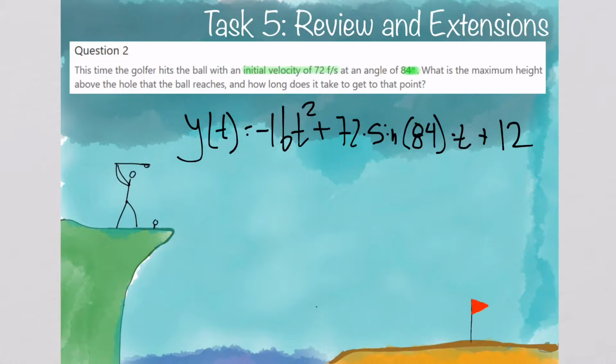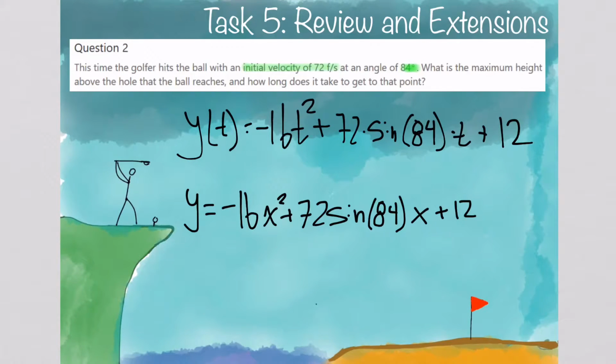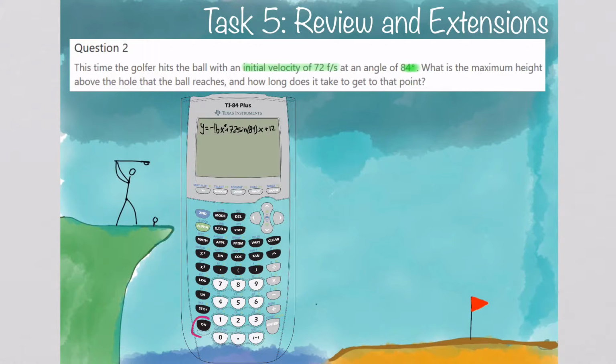I'm going to graph it as a function in y and x because that's what my calculator can handle. Go ahead and turn your calculator on, go to the y equals screen, and then type in the equation negative 16x squared plus 72 sine of 84 times x plus 12. Keep in mind our y values will now model the height, and x will actually be modeling time.